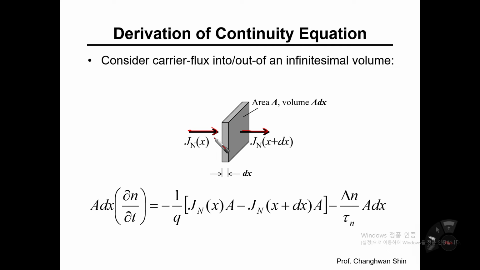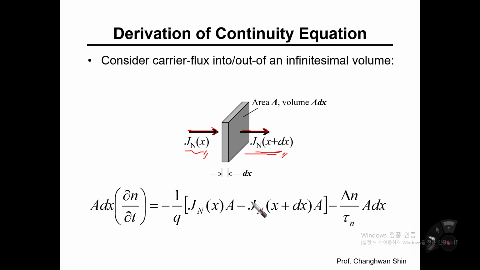I mean, how many carriers are recombined within this volume and how many are newly generated? We have no idea because I didn't give you any information on the events happening within this infinitesimal volume. The only thing that we can monitor is the current density in and out.